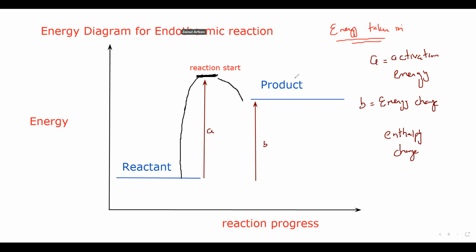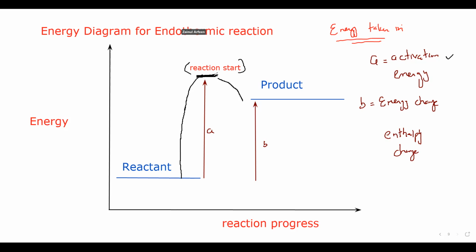What happens in an endothermic reaction? Reactants have low energy, product is having high energy. First, what happened during a reaction? Reactant absorbs energy because it's an endothermic reaction. Once the reactant absorbs energy, there will be a point where the reaction starts. So the energy from reactant to the start of the reaction is called activation energy.